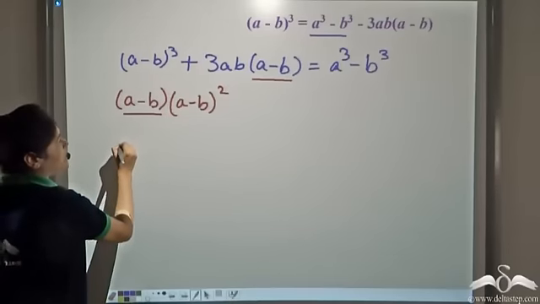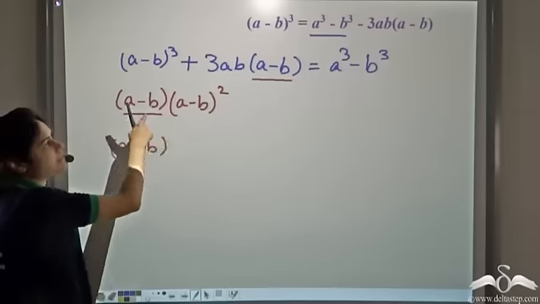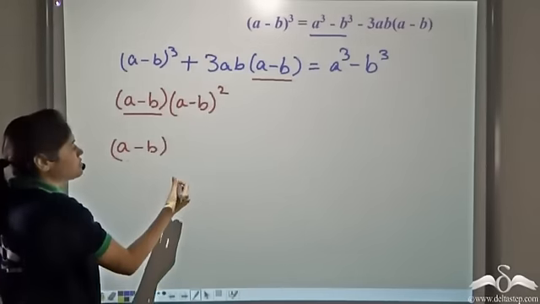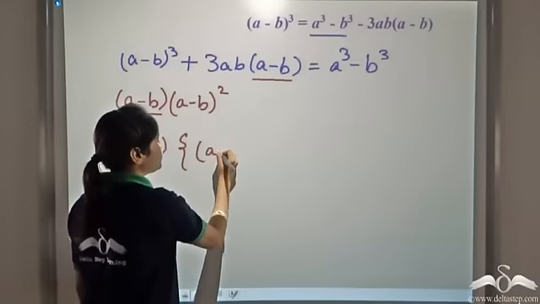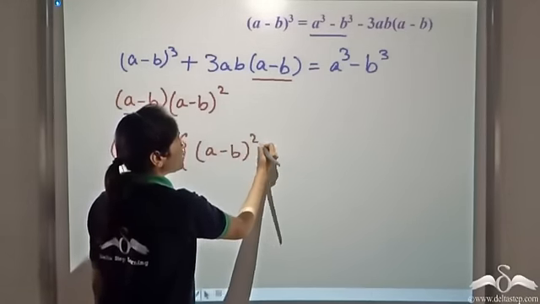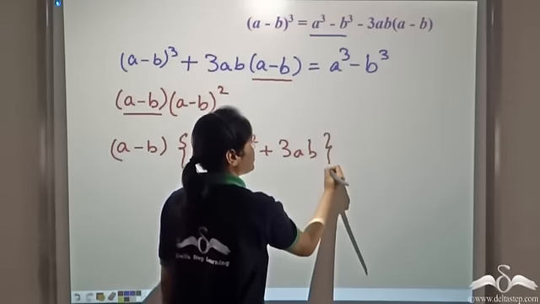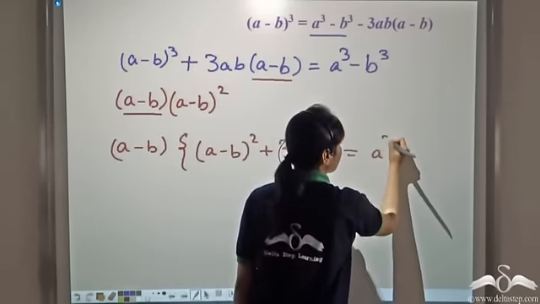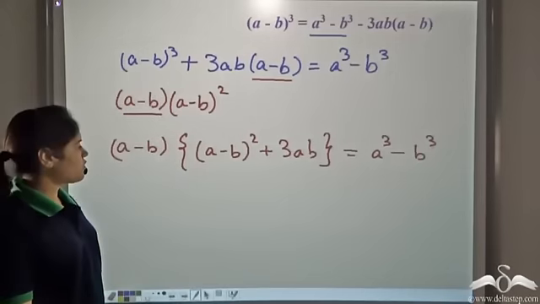So we can take a minus b common from both the terms because it is multiplied with something in both the terms. So we have a minus b into a minus b whole square plus 3ab. This is equal to the right hand side, which is a cube minus b cube. This is what we have.